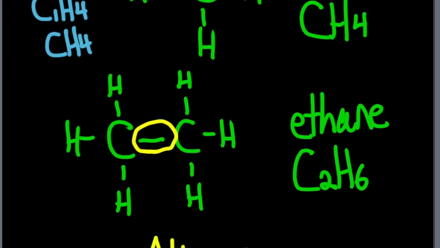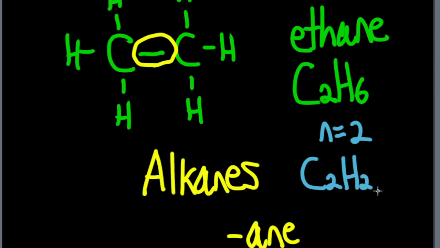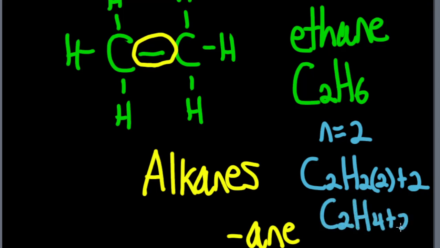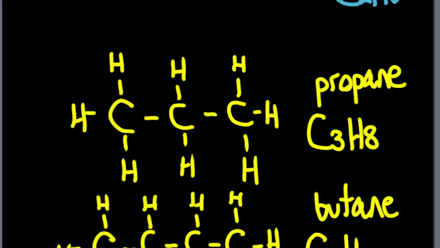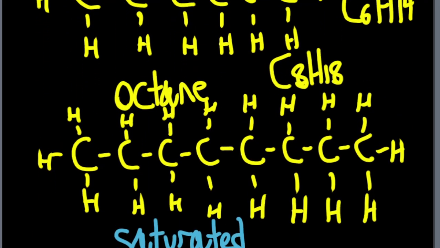Let's try it with ethane. n equals 2, so C2, H2 times 2 plus 2, C2, H4 plus 2, and I get C2H6. Alright, let's try it all the way down with octane.